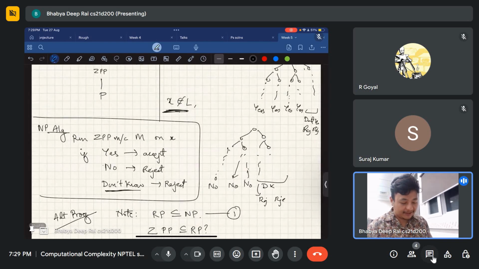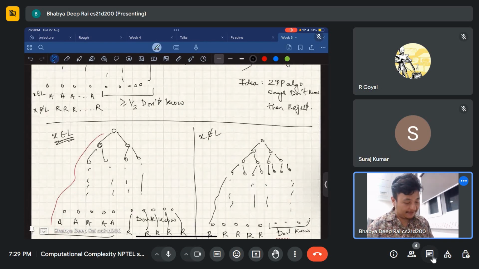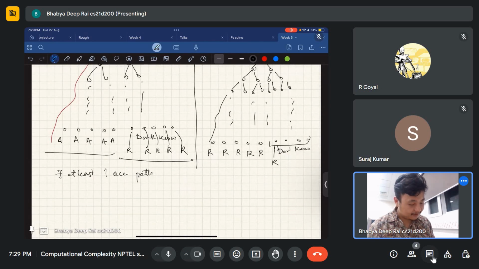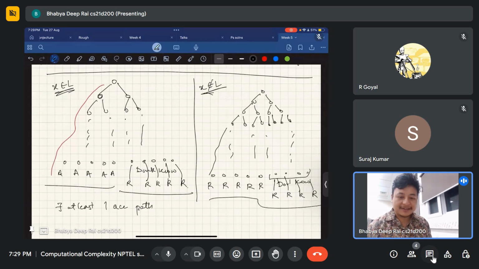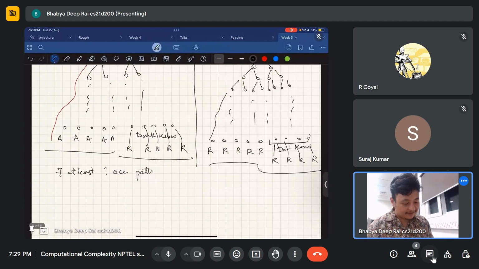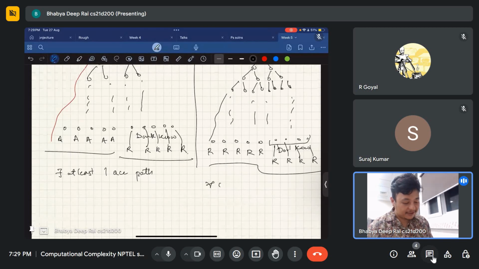If it says don't know, then our simulation will reject. In other words, if X is not in the language, all of our coin tosses are rejecting. And what does NP say? NP says if X does not belong to the language, then for all computation paths, or in our case for all coin tosses, the machine rejects. Which is the definition of an NP machine: if it does not belong to the language, then there is no accepting path.